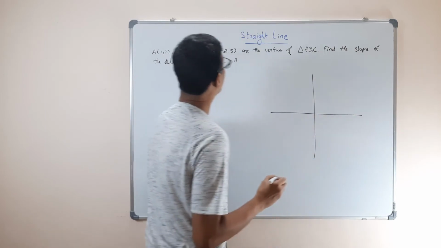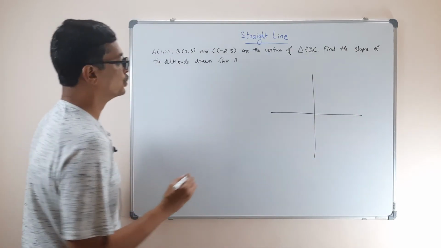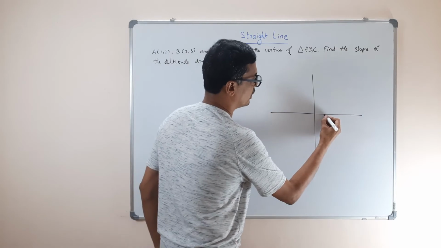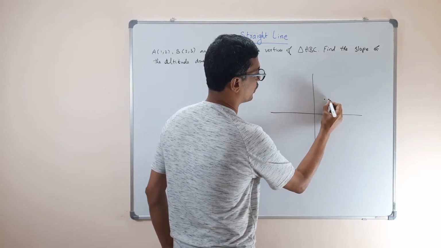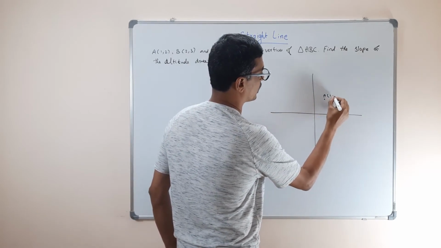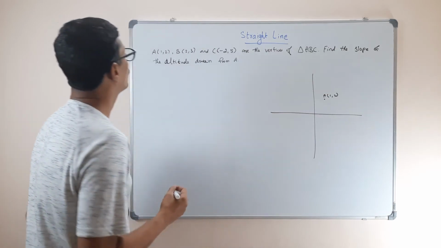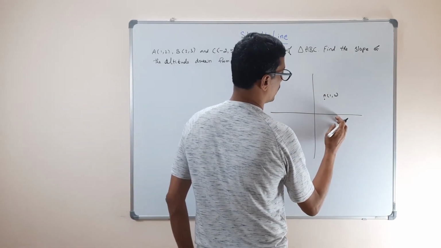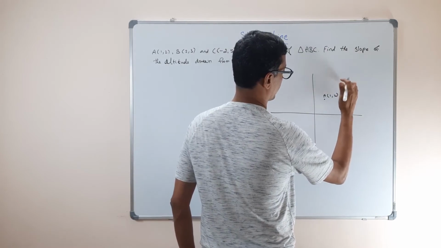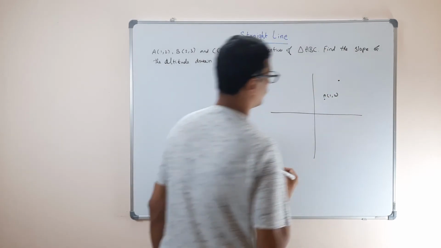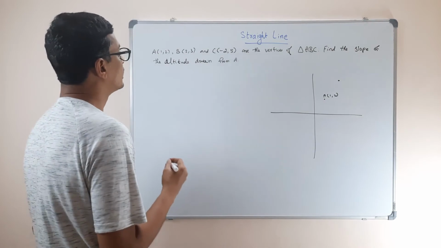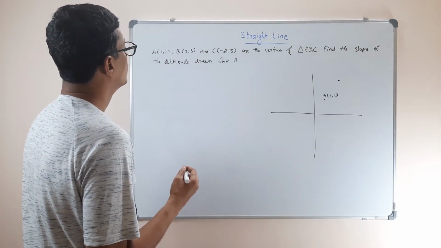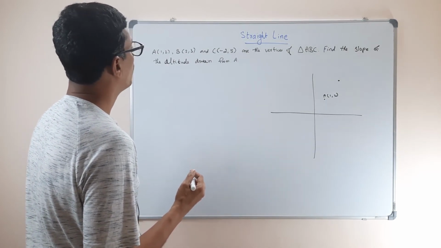They have given 1, 2. So let us take this as 1 and this as 2. This point is A, that is 1, 2. The second one is 2, 3, somewhere else here. And then the third point is minus 2, 5.